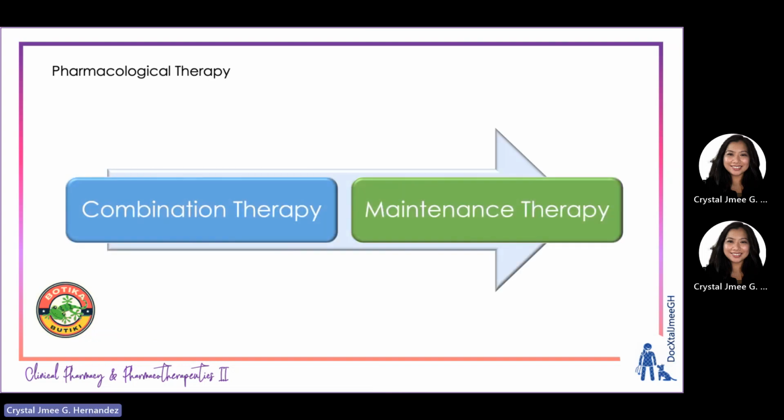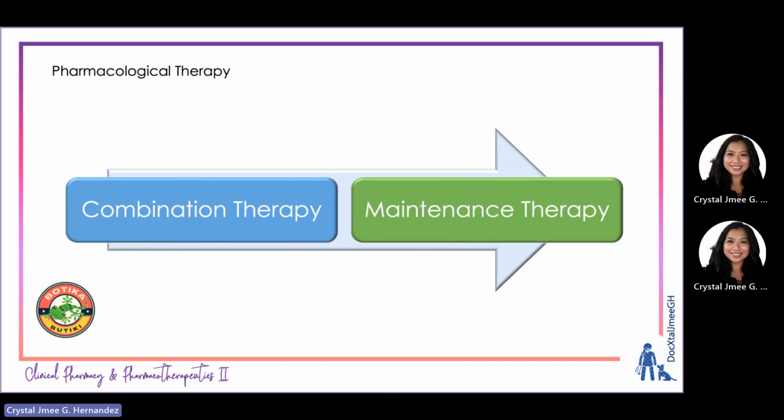So in terms of the therapy, combination therapy with an acid suppressing agent and a promotility agent or mucosal protectants is the logical approach to GERD.